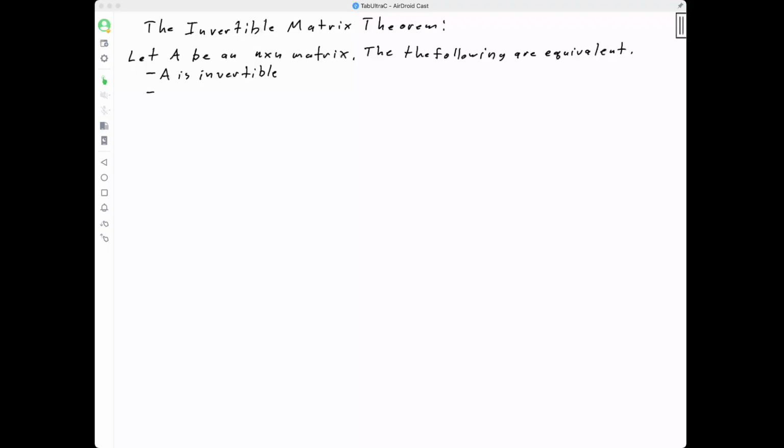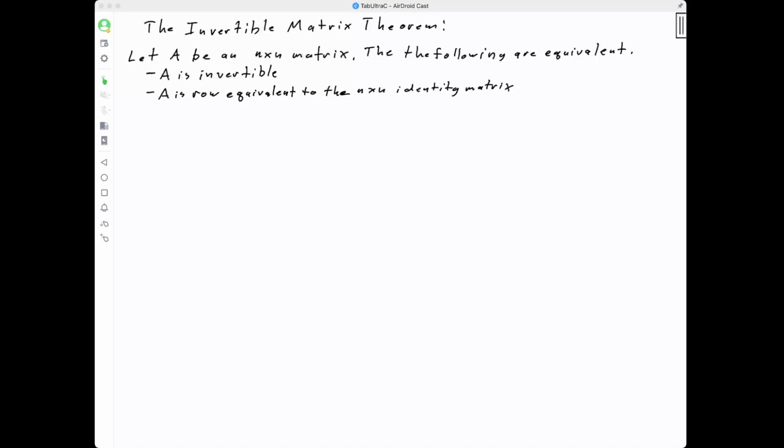So the second thing is A is row equivalent to the n by n identity matrix, meaning that you can follow a series of row operations that will get you all the way back to the identity matrix.